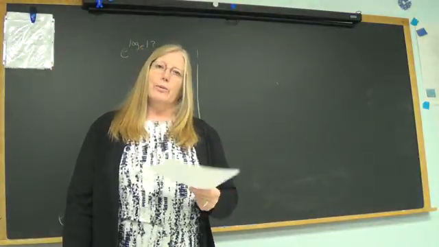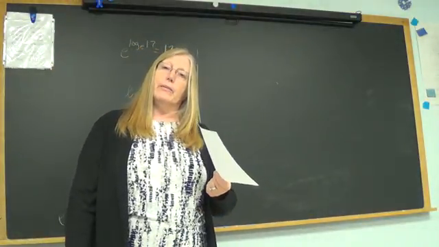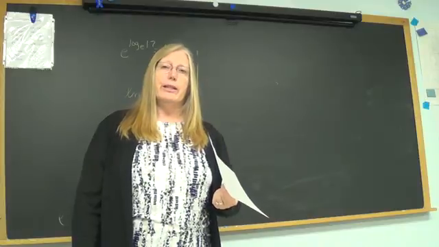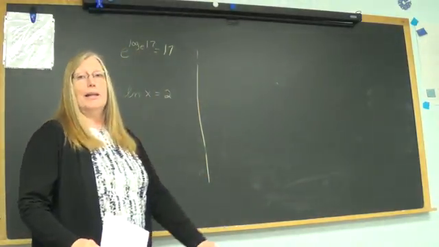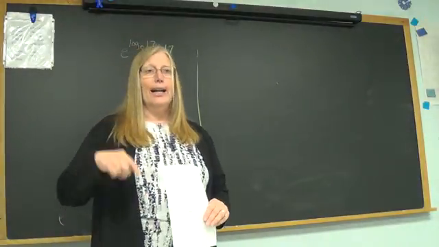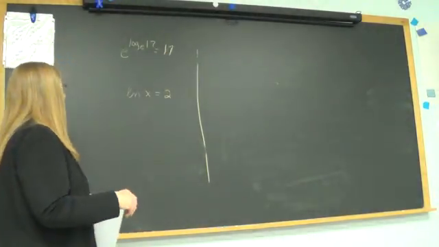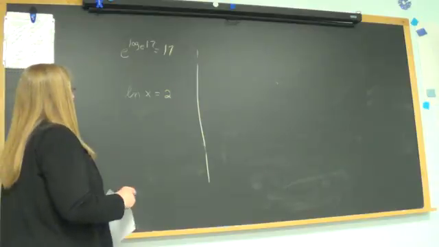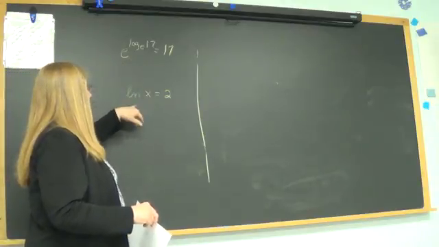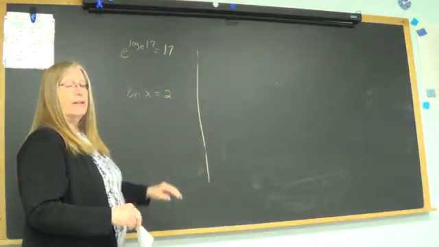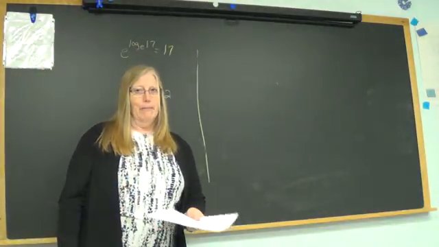I'm going to show you this way because it is more practical in other situations. You may think right away of a different way of doing this, and you may do it that way, but I want you to know how to do it this way. I'm only going to teach it this way. When we have a log, we can use this principle to get rid of it by what we call exponentiating both sides.